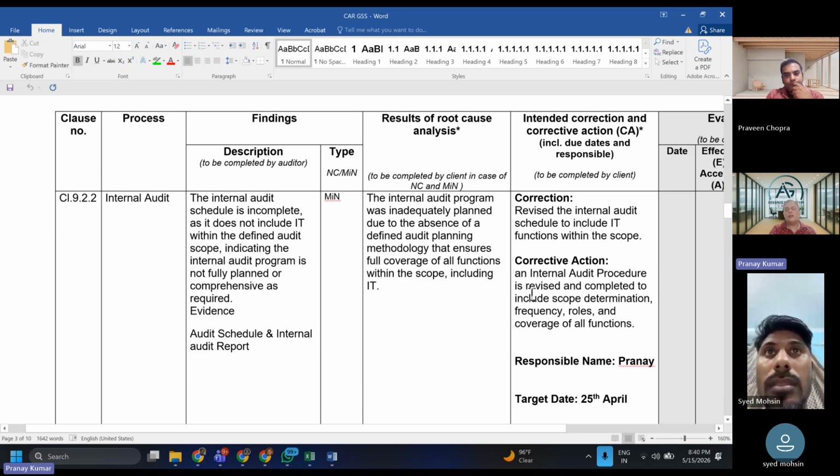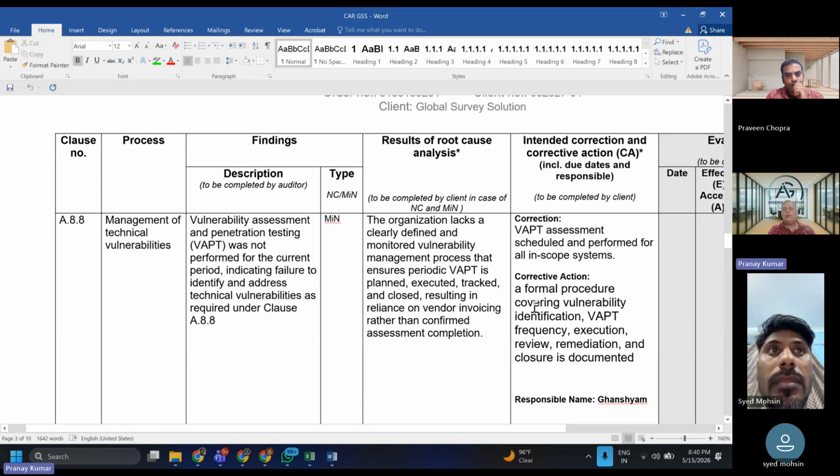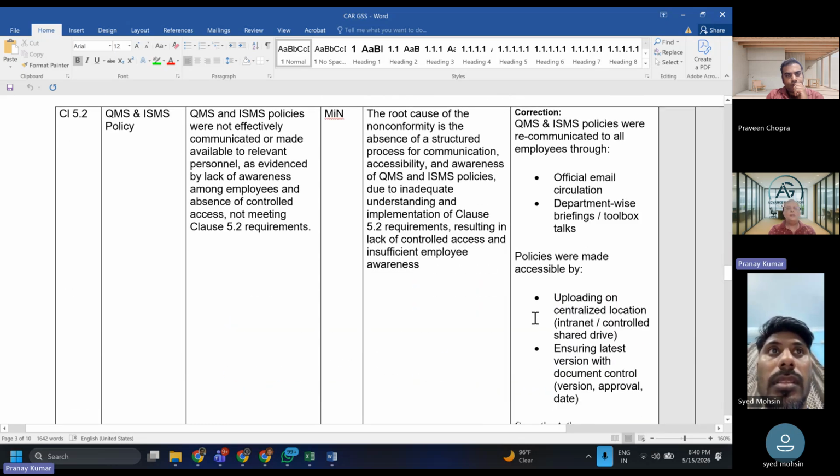Audit program. What is the corrective action? VAPT. What is the action? So you will have to submit correction and corrective action for all the non-conformities that have been identified. Okay.